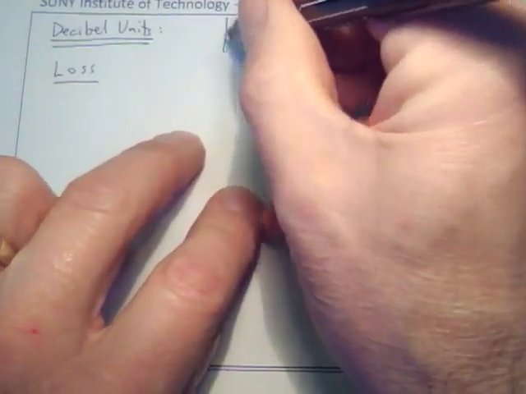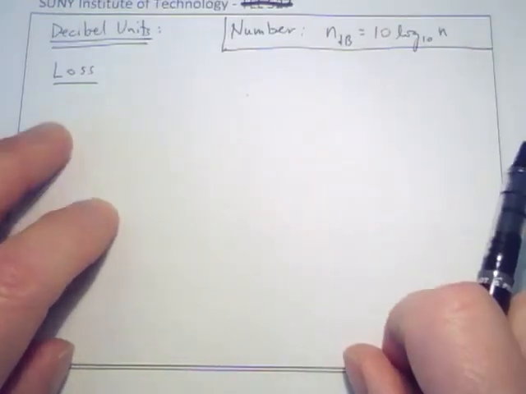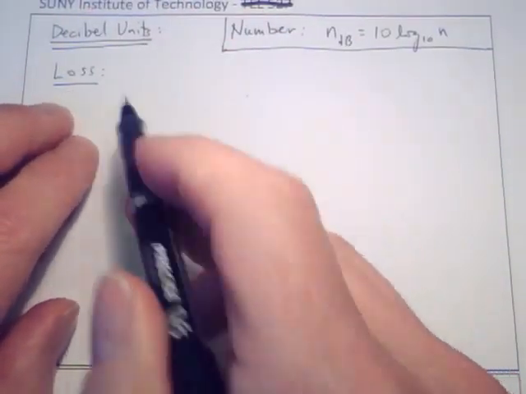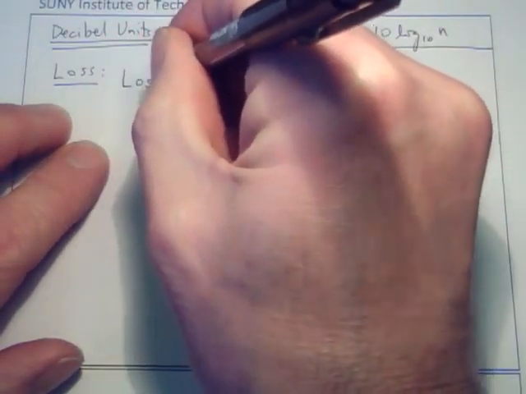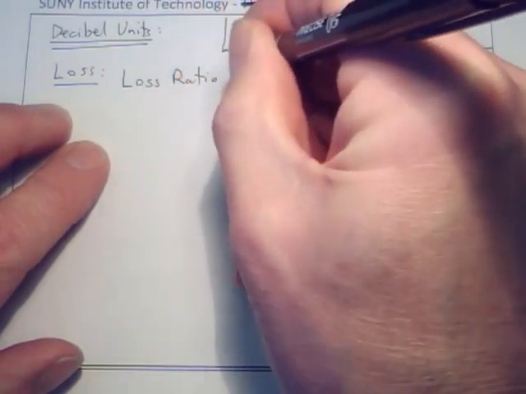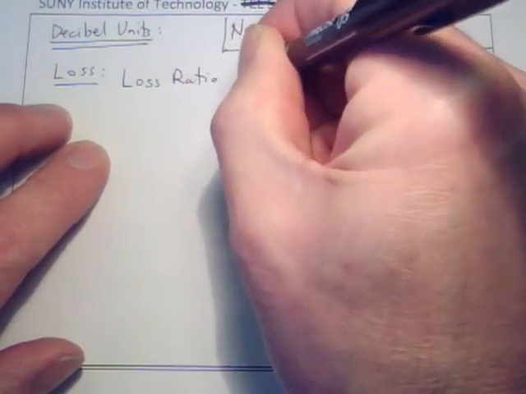That works for any number. The number we're interested in converting into decibel units for the case of loss is the loss ratio, which is P out over P in.